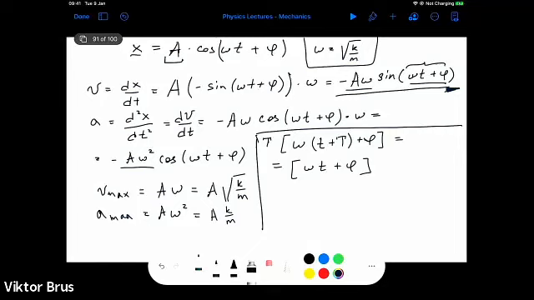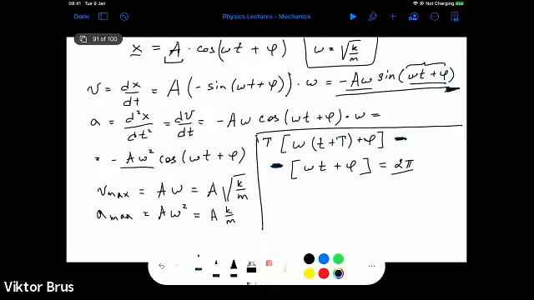Sorry, it's not equal, because it's not position, it is phase. So it's minus here. The difference between these phases will be equal to 2 pi. It means that the difference between the phase at t plus capital T, the period, minus the phase omega t plus phi is equal to 2 pi, and 2 pi means it made one whole cycle.